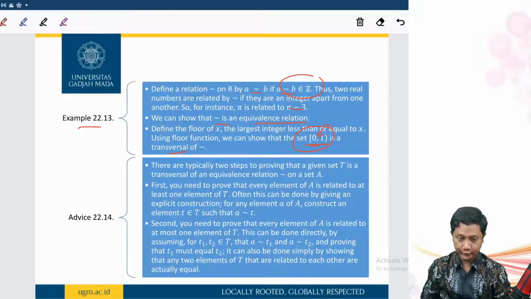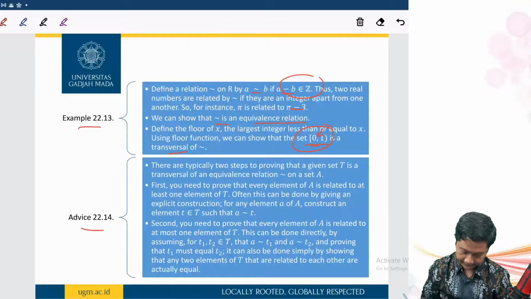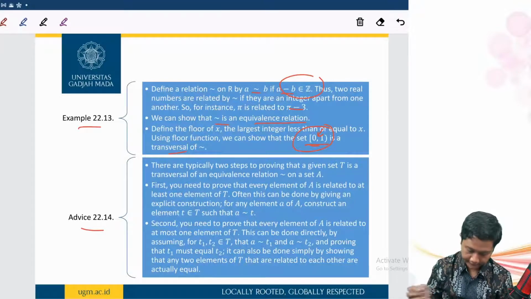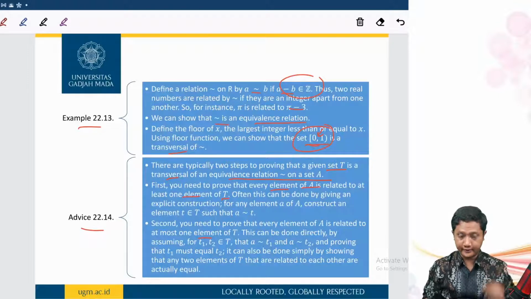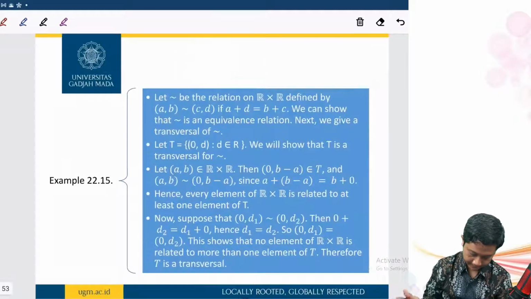Okay, should be fine. And the advice on how to check transversals: first, check that every element is related to at least one element of T, then the uniqueness. So that's two things that we should prove.